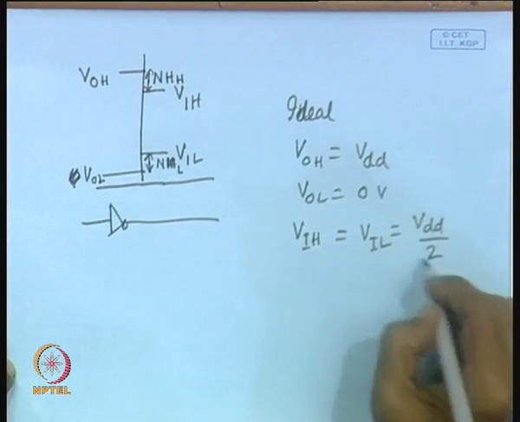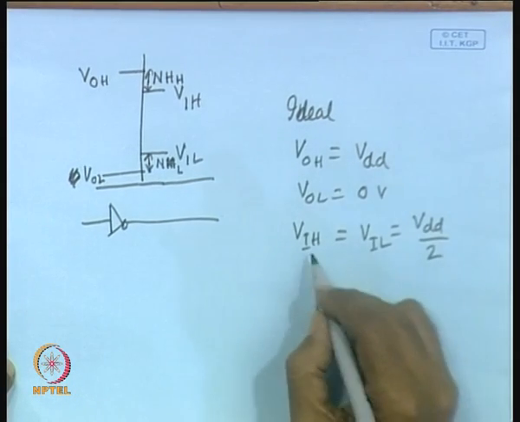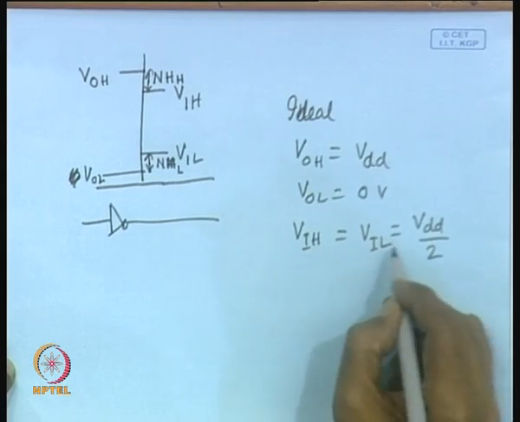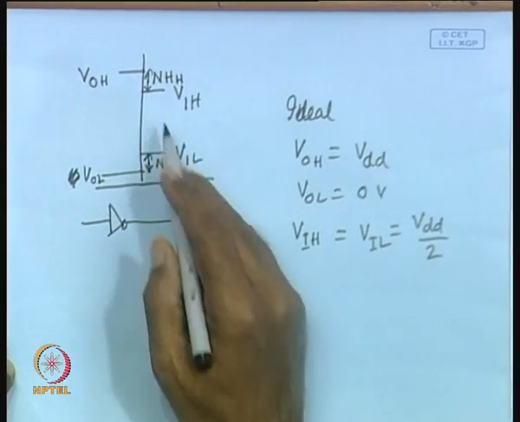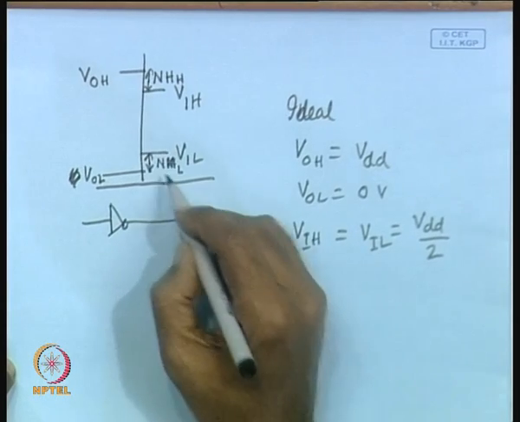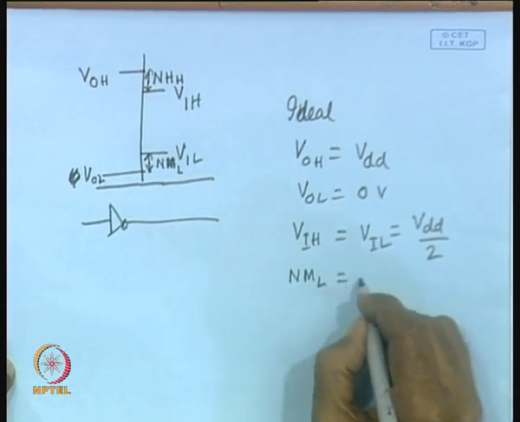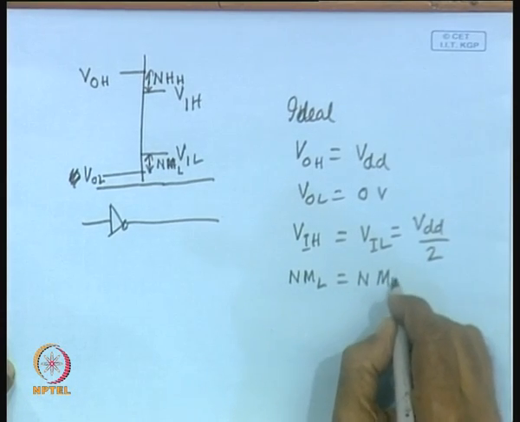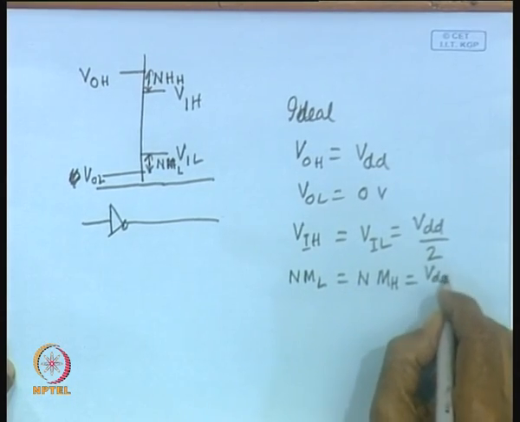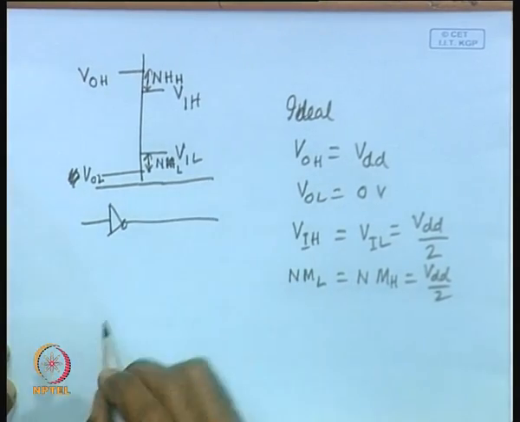That means, transition should take place in the middle, and both of them will be at VDD by 2. So, in that case your noise margin for both low and high level will be equal, noise margin low will be equal to noise margin high, both will be equal to VDD by 2. But we have seen that is not the case.